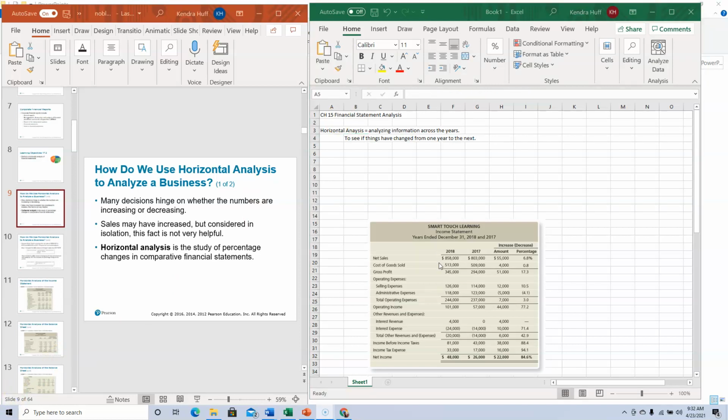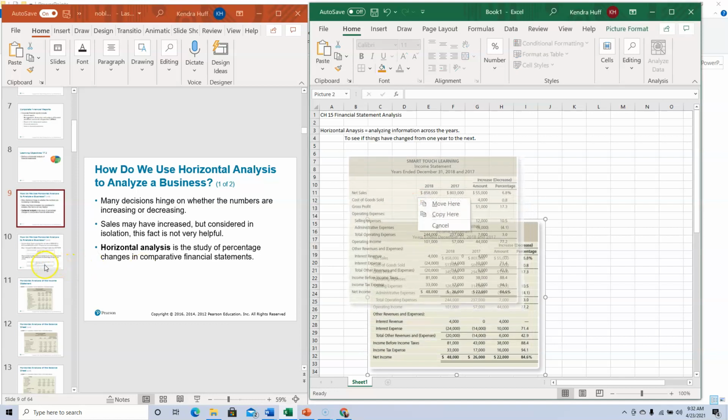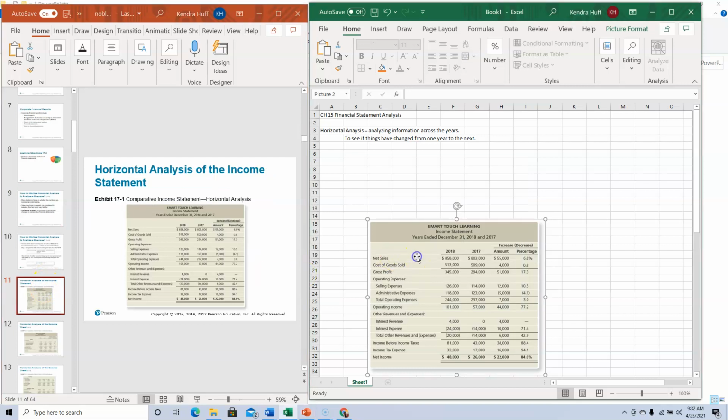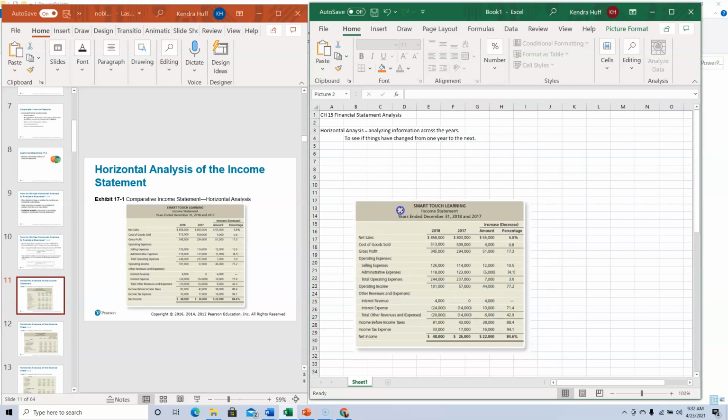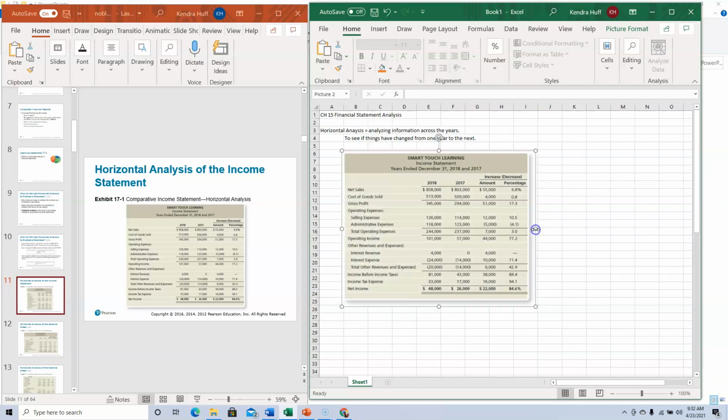Okay, so this is the first one that we're going to look at. I went ahead and copied it from the PowerPoint so that I could show you how to do it. Here we have the income statement, and we've got the current year and last year. When you're analyzing, the first thing you do is subtract.